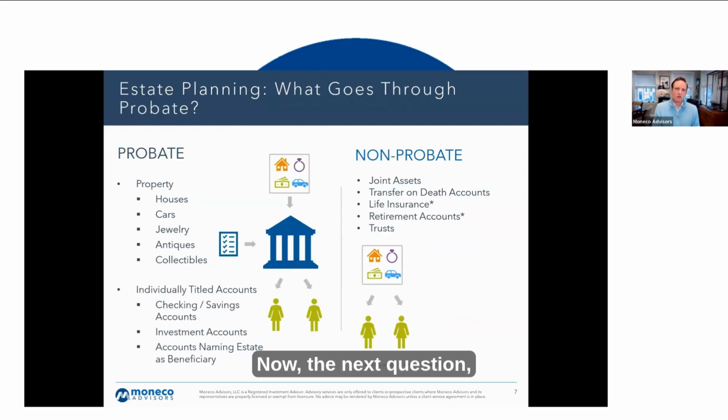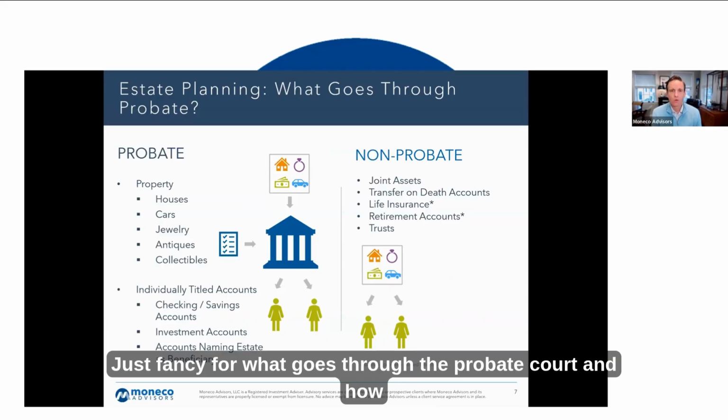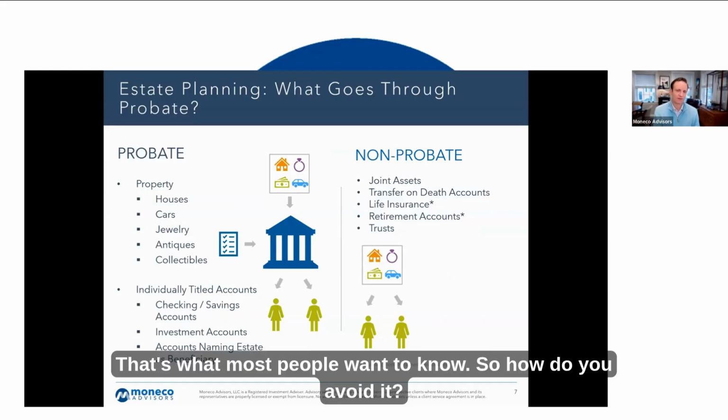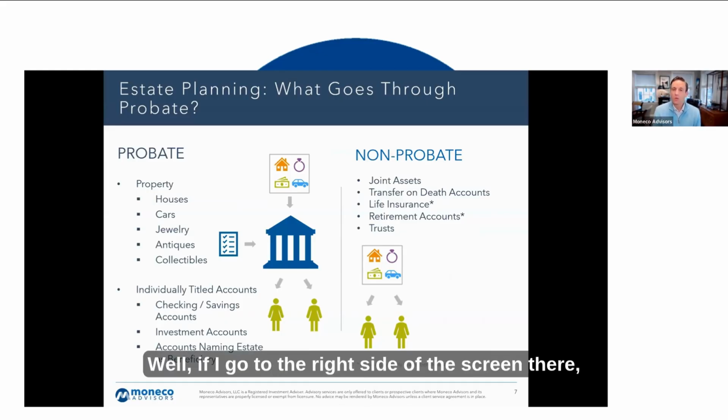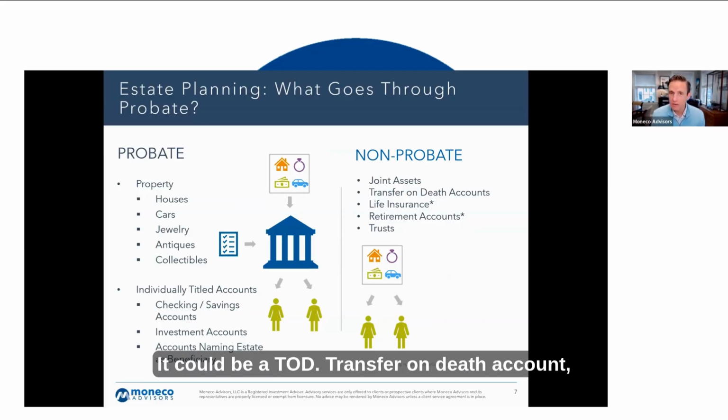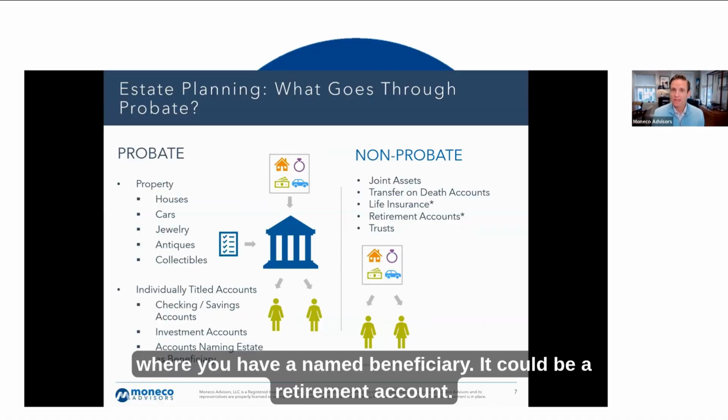Now, the next question, and I always get this, what's a probatable asset? Just fancy for what goes through the probate court, and how do I avoid it? That's what most people want to know. So how do you avoid it? Well, if I go to the right side of the screen there, what's a non-probatable asset? Anything with a beneficiary on it, right? So it could be a joint account, could be a TOD account, transfer on death account, where you have a named beneficiary. It could be a retirement account.